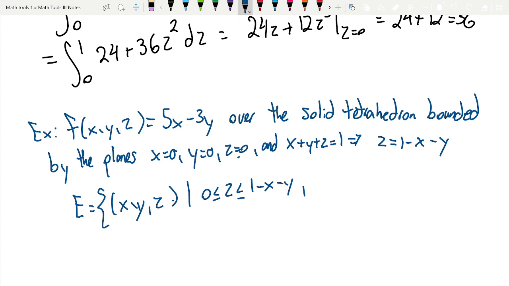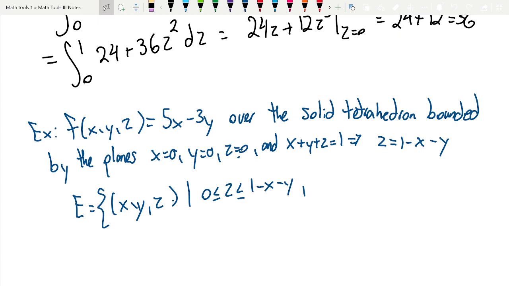So now let's think of another variable, say like y. The first one that we set up kind of defines our limits in the xyz coordinate system, the 3-dimensional one. But then we need to define our limits on the xy plane, or whatever your two remaining variables are. So if we think about what this would look like on the xy plane, the xy plane would be where z is 0.